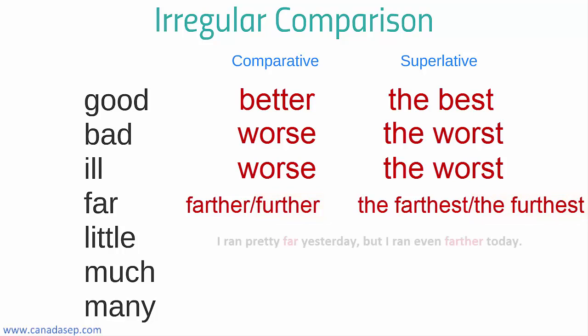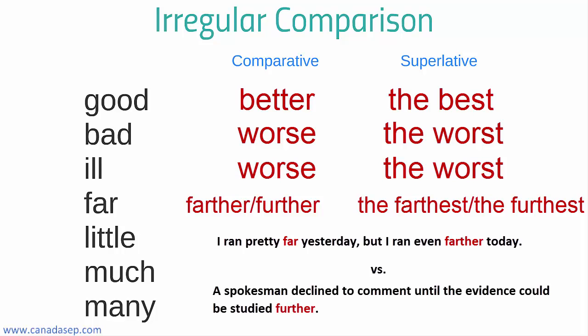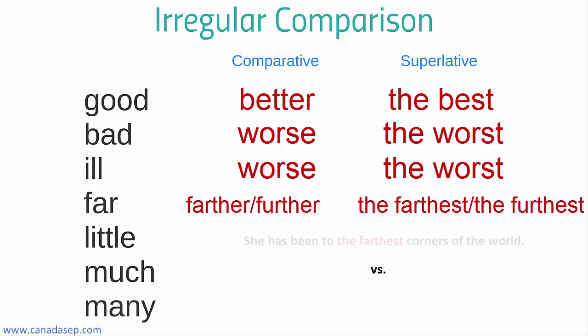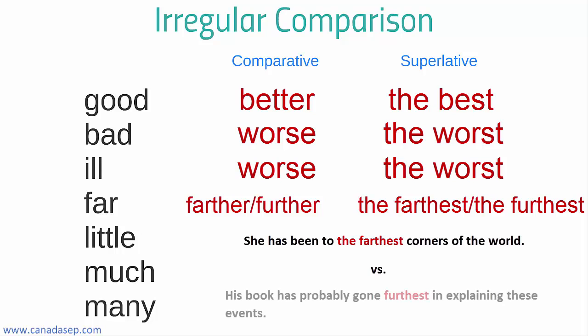Consider the examples. I ran pretty far yesterday, but I ran even farther today. Versus, a spokesman declined to comment until the evidence would be studied further. And, she has been to the farthest corners of the world. Versus, his book has probably gone furthest in explaining these events.